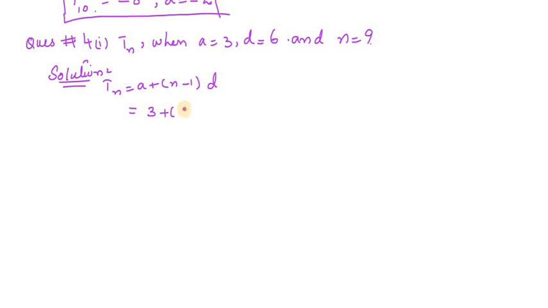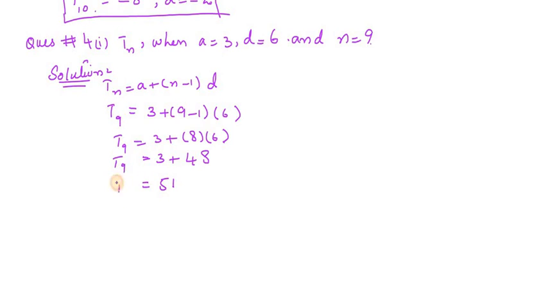A is 3, n is 9 and d is 6. 3 plus 8 times 6, 3 plus 48, which is equal to 51. So the required term T9, n is 9, T9 is equal to 51. Part 2 is the same as part 1: find the nth term.